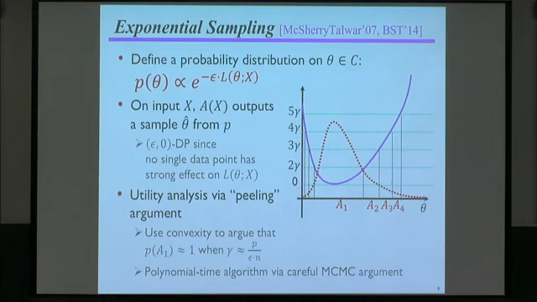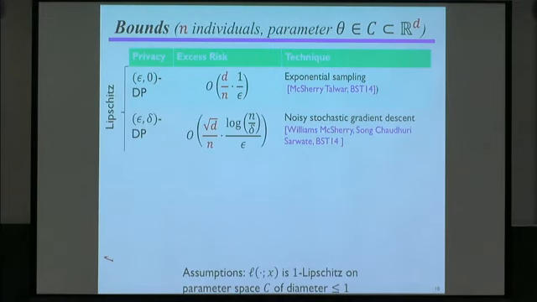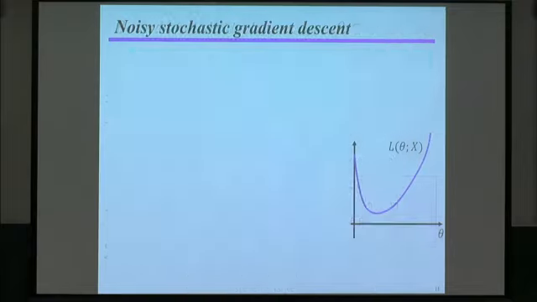But getting a worst case analysis to show that you're really sampling from exactly this distribution is kind of tricky. But I would say for all practical purposes, sampling from these things is not too hard. Okay, maybe I'll come back to these in a minute.